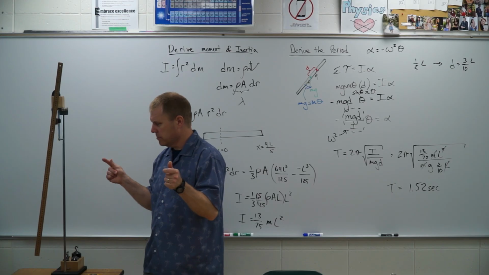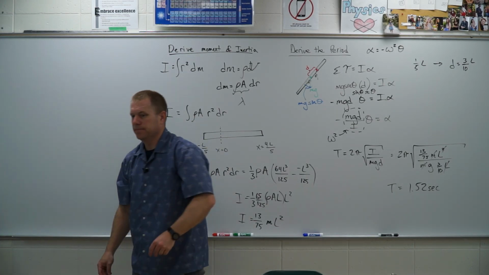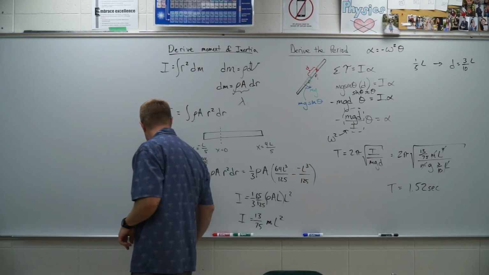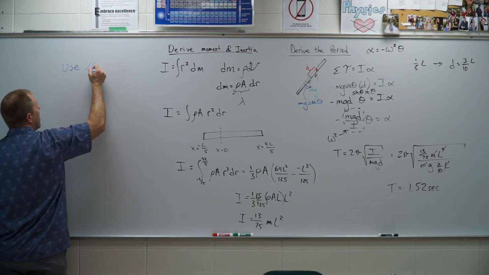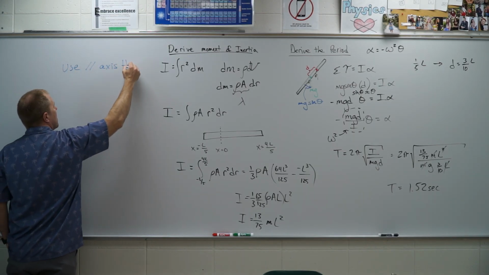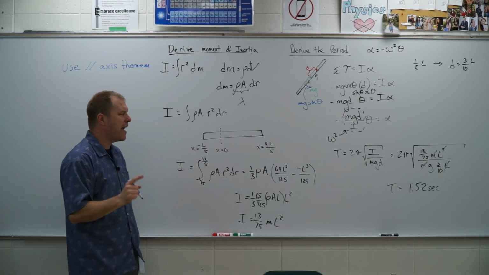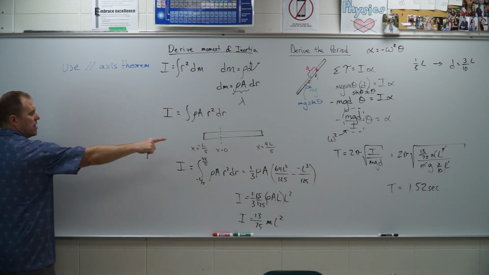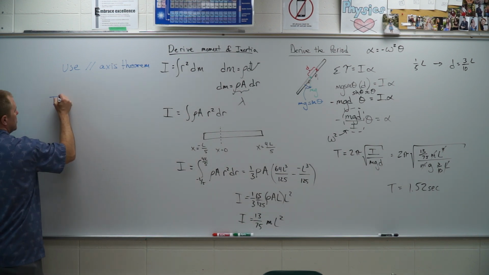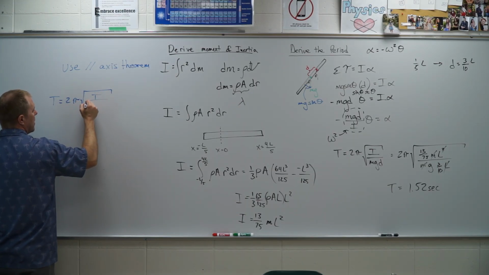Let's move this out of the way quick. There, moved it out of the way. What I want you to think about is to use the parallel axis theorem to find the minimum period, and where that location is. Let's look at the equation we set up: the period is equal to 2 pi times the square root of I divided by mgd.